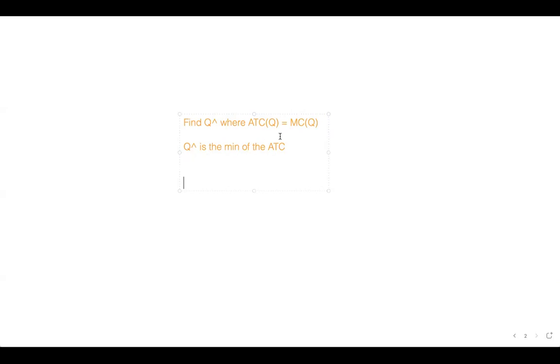This is just a relationship that hopefully you all are familiar with from principles of micro or from watching the lectures. There are a lot of different ways to get this, but they're beyond the scope of the course. What's not beyond the scope is that you understand that average total cost is minimized where the marginal cost intersects the average total cost curve.